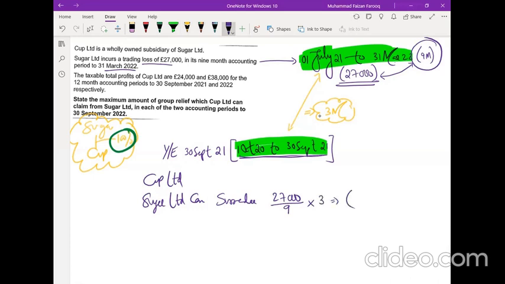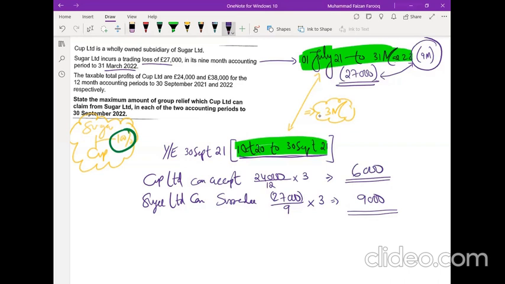So what is the amount of loss Sugar can transfer here? 9,000. Very good. What can Cup Limited accept? Cup Limited has a profit of 24,000. This profit is for 12 months, and we matched 3 months. So the answer is 6,000.